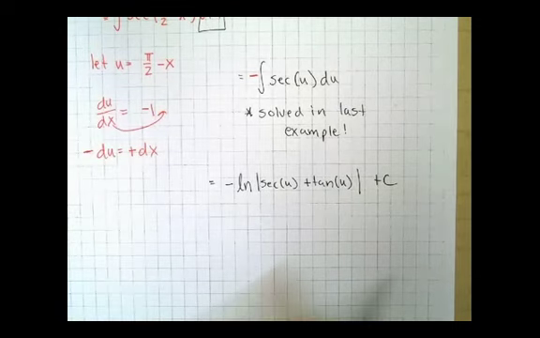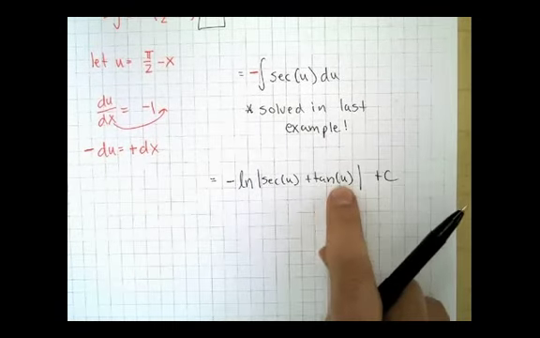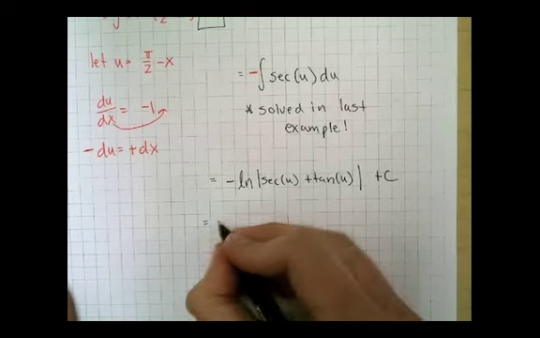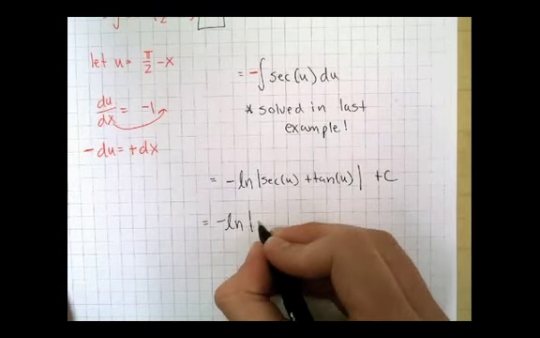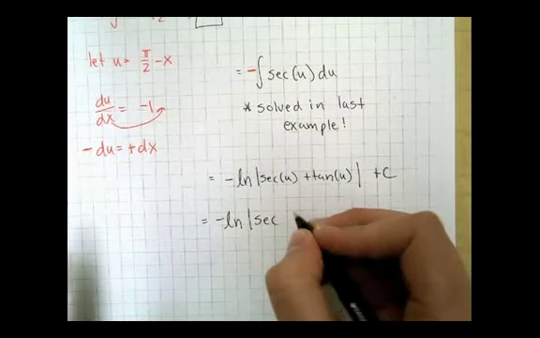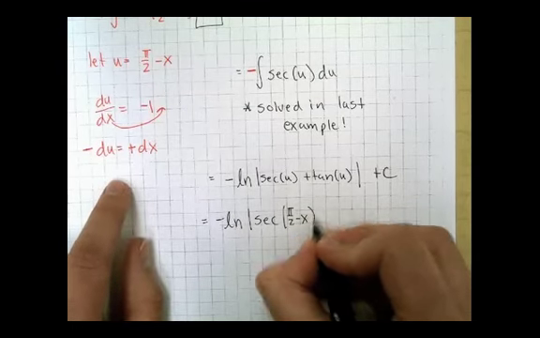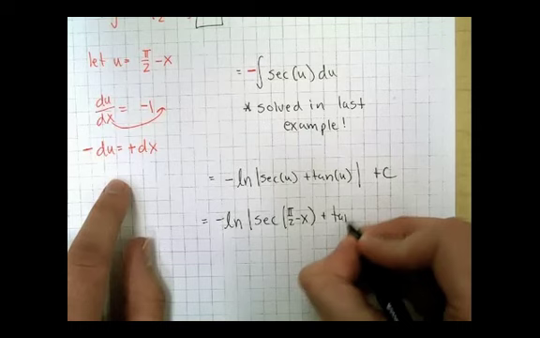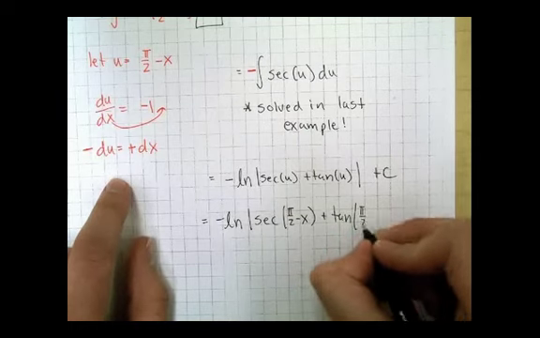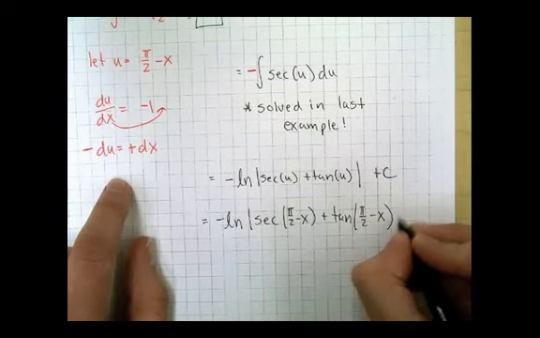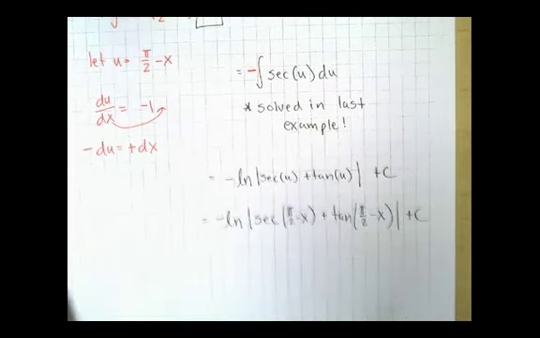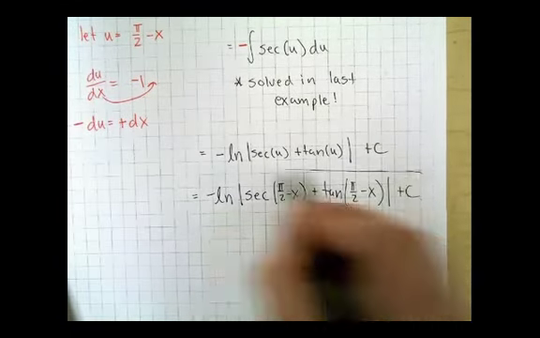Using that last example, it turns into secant plus tangent. So let's change the u's back. Negative natural log absolute value of secant of pi over 2 minus x plus tangent of pi over 2 minus x, plus c, which is totally a great answer.